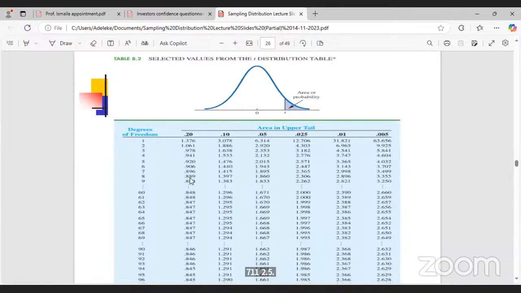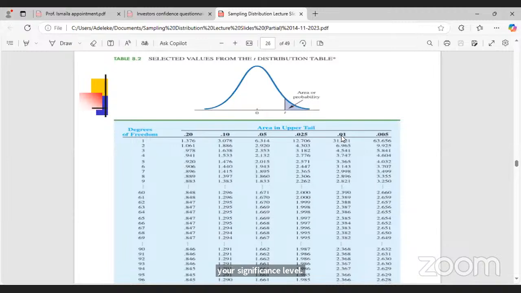Let me take it again. The table requires the use of two parameters. You'll be required to check the degrees of freedom and then trace it to your significance level, which is also known as alpha.